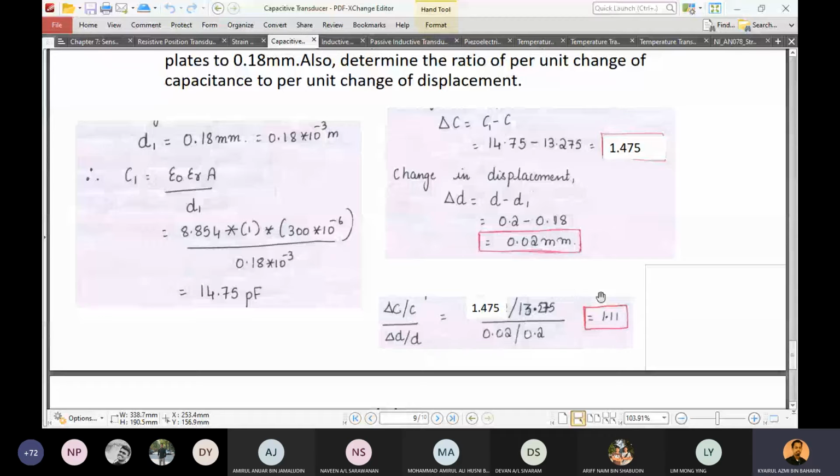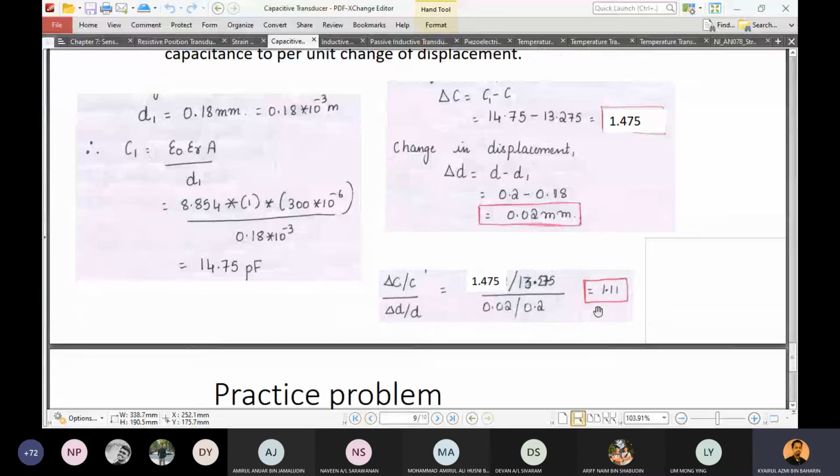The final answer has no dimension because picofarad and picofarad cancel out, and millimeter divided by millimeter also cancel out. So this is dimensionless. We just want to find the ratio of capacitance change to the distance change. So this is the ratio, 1.11.